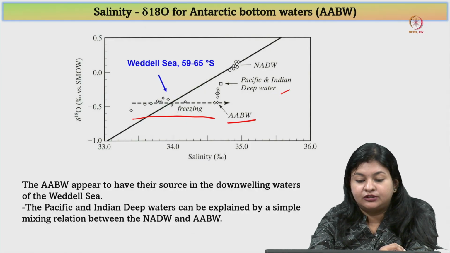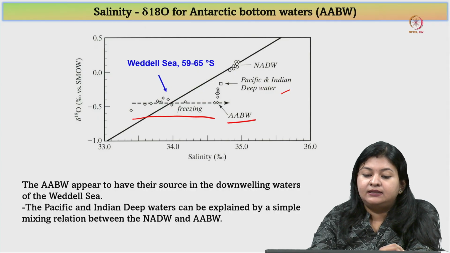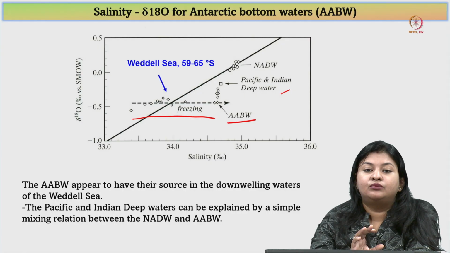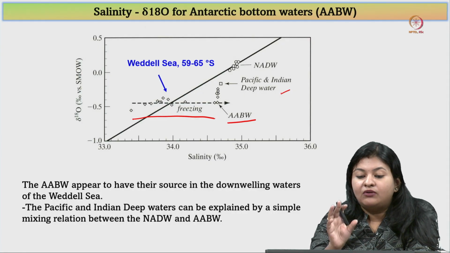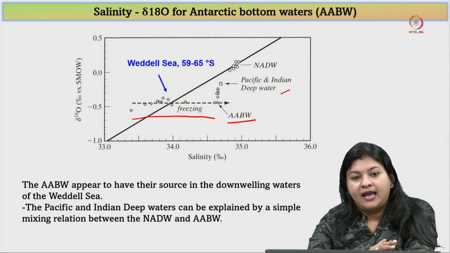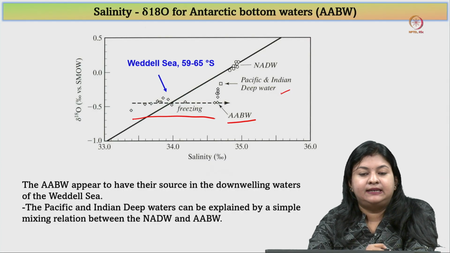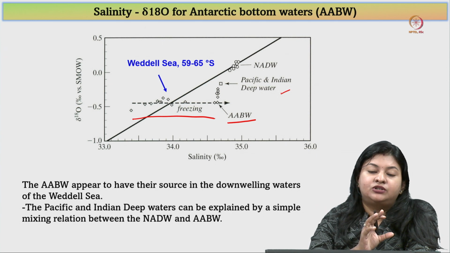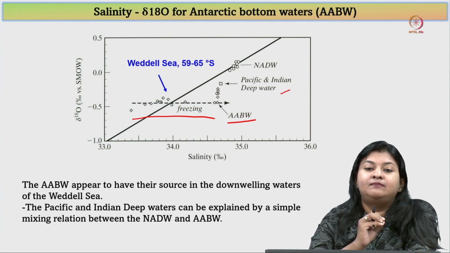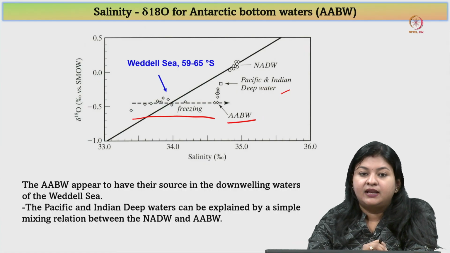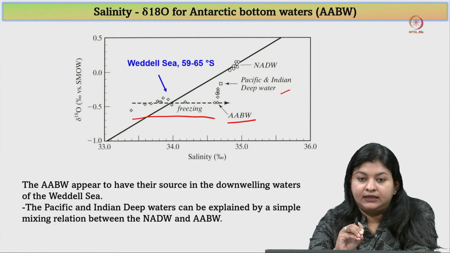Again, this is the Pacific and the Indian Ocean deep water, and it is said that the mixing between these two ocean masses is what forms them. You can see in the data itself that the Pacific and the Indian Ocean deep water lie in between the Antarctic bottom water and the North Atlantic deep water.